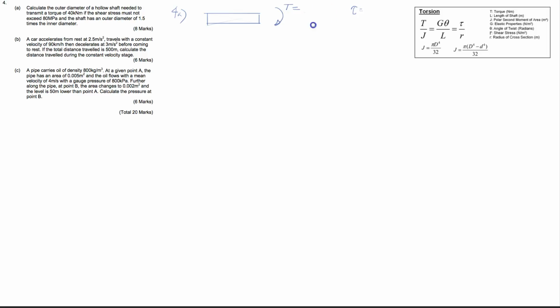Don't do that in the exam. Right, so torque is 40 kilonewton meters, 40,000 newton meters. The shear stress cannot exceed 80 times 10 to the 6.